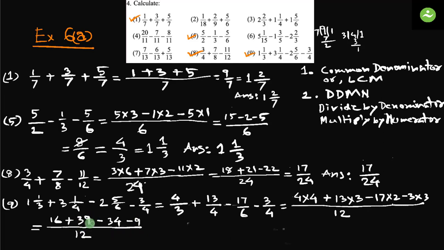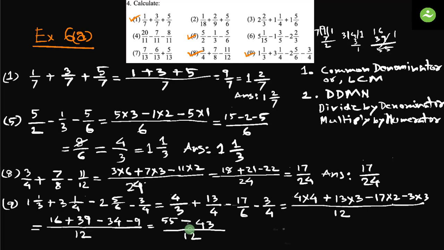So what we get here, 16 and 39, 55. So equals to 55 minus 34 means 43, minus 43, divided by 12.